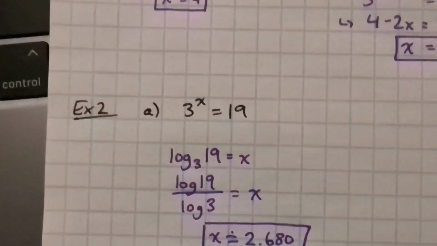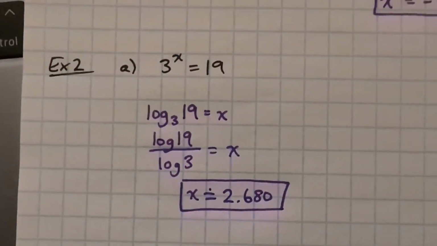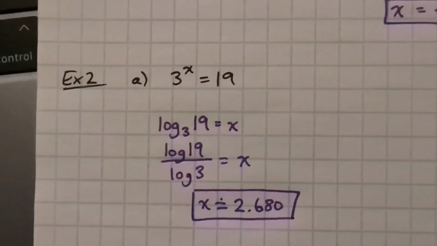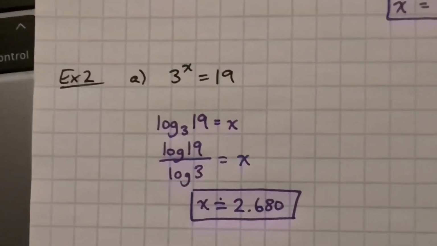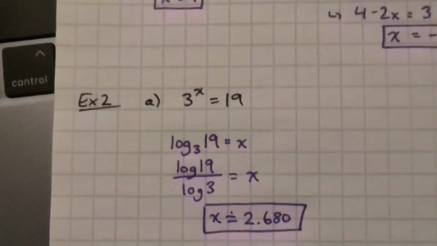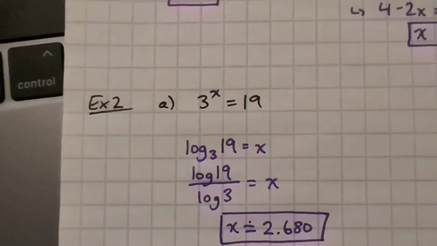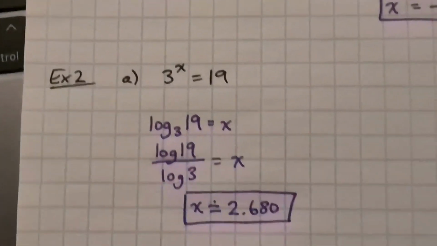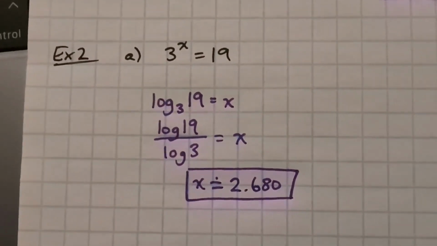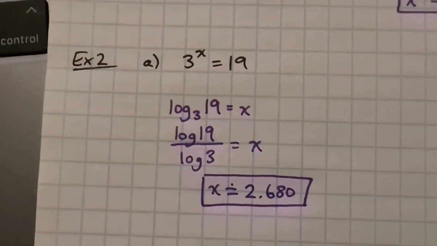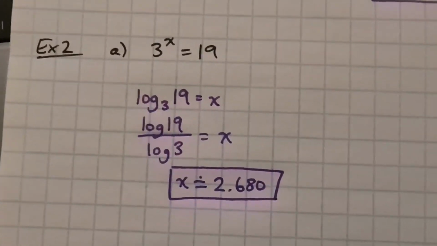And then if we sub that in, you get it's equal to approximately 2.680, and I included the 0 at the end because that was rounded as well. So that shows me not just it was rounded to 2 decimal places, but it was rounded to 3 decimal places.